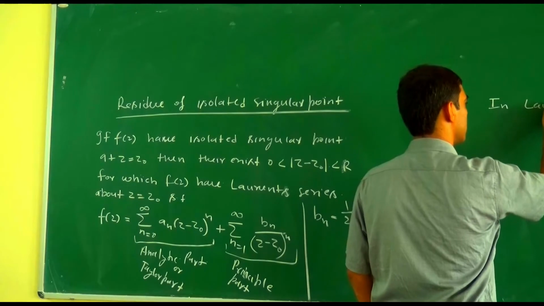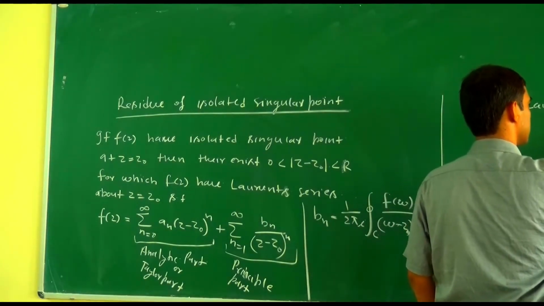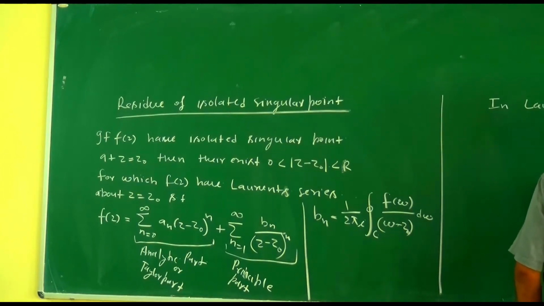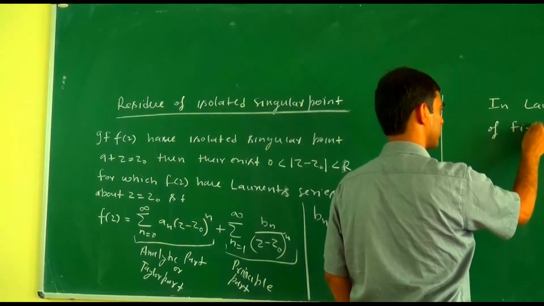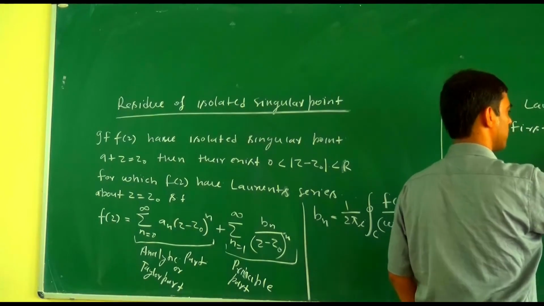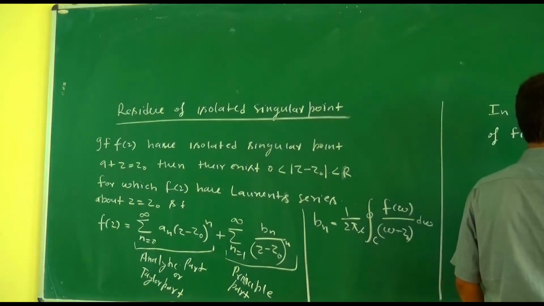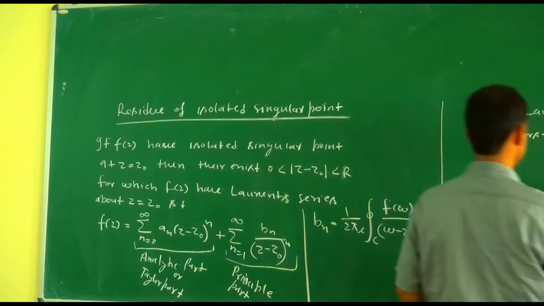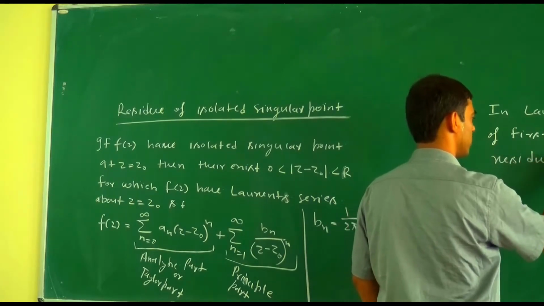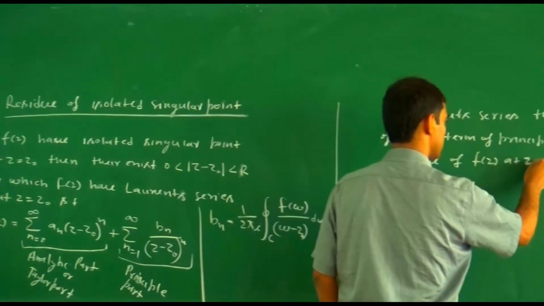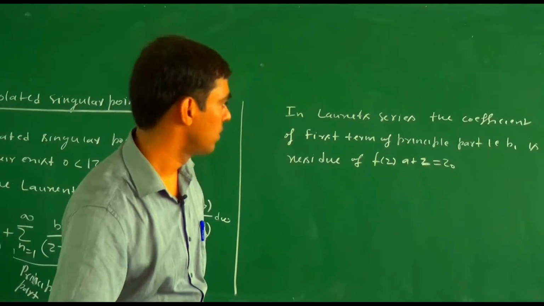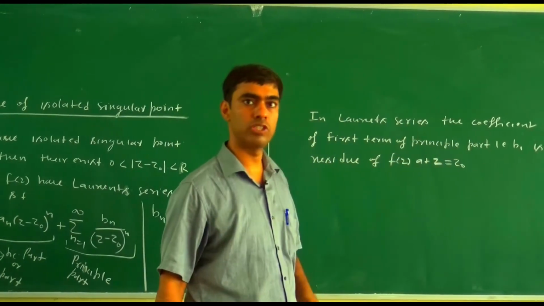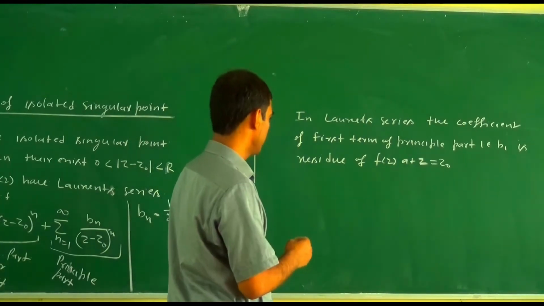In the Laurent series, the coefficient of the first term of the principal part, that is b1, is the residue of f(z) at z equals z0.